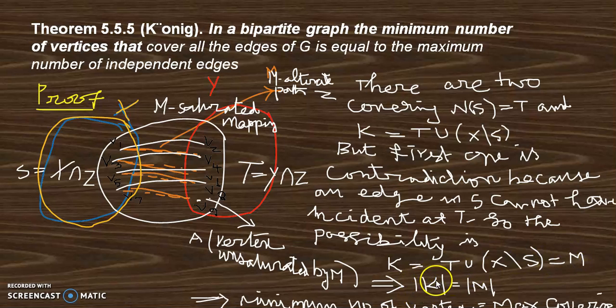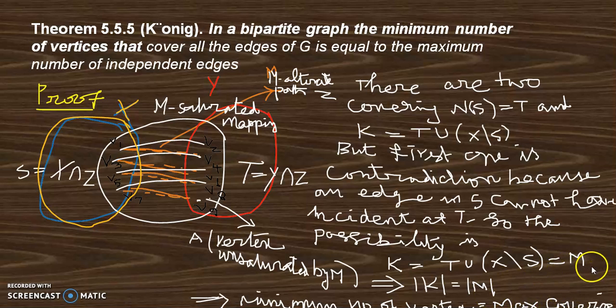That means the minimum number of vertices would be equal to M, the maximum number of independent edges. That is what we see here. Or we can say that the minimum number of vertices equals the maximum independent covering. That is what we proved here.